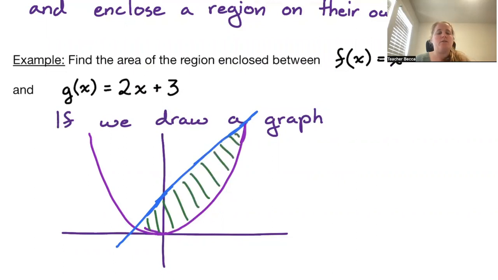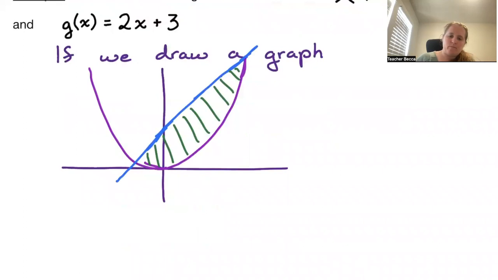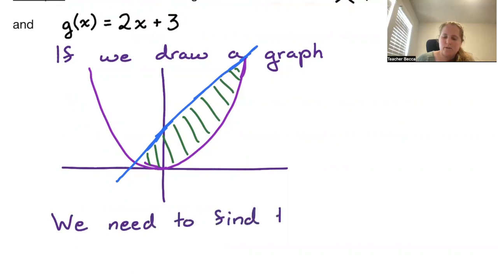And so what we need to do is identify the points of intersection.